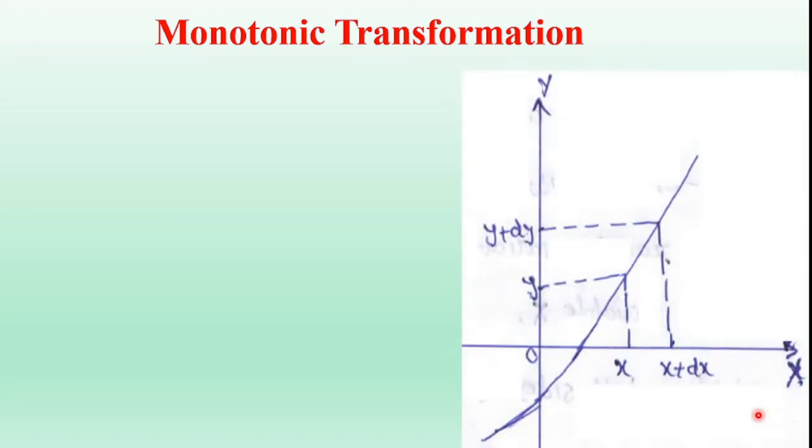Monotonic transformation is also called one-to-one transformation. This is the graphical representation of monotonic transformation, or one-to-one transformation. Here, consider a one-to-one transformation of a random variable x to another random variable y, which is shown in this figure.